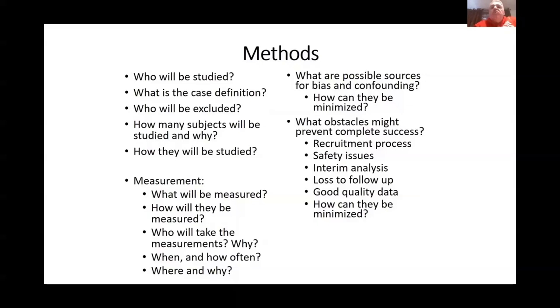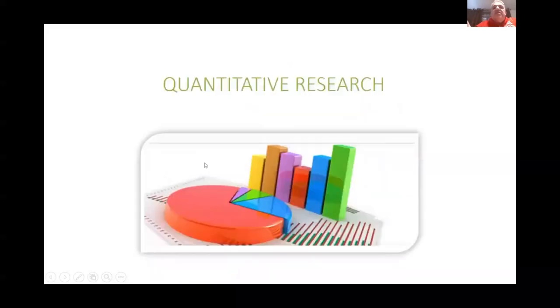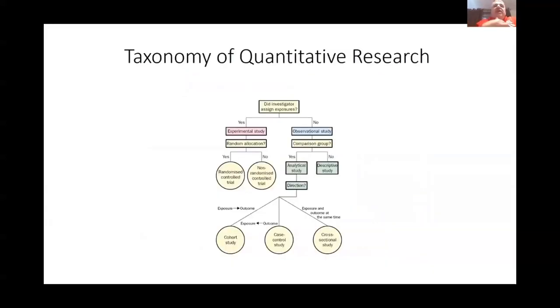I mean, how these barriers or obstacles can be minimized, taking into account confounders and bias issues. So study design, as you see, whenever we decide how this will be studied, you have to select the best study design that fits your research question.